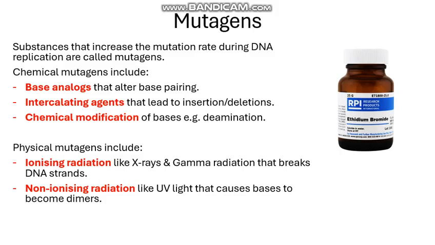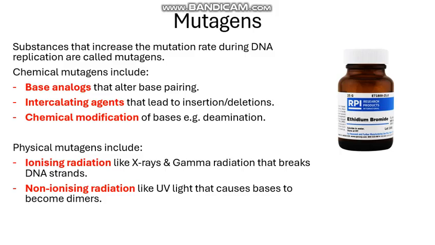An example of a famous chemical mutagen would be ethidium bromide. If you do biology or any kind of genetics work, or you see it in videos, we use ethidium bromide when we're running gel electrophoresis, because it binds to the DNA, making it a bit more visible.